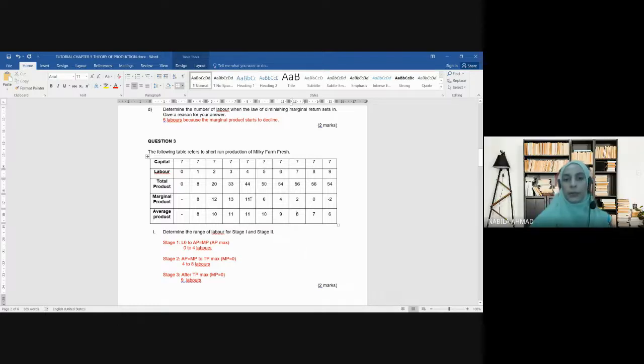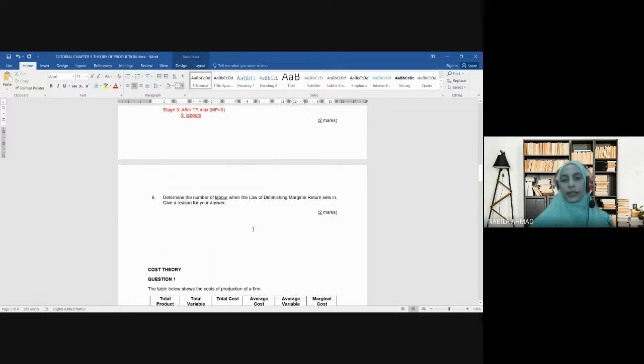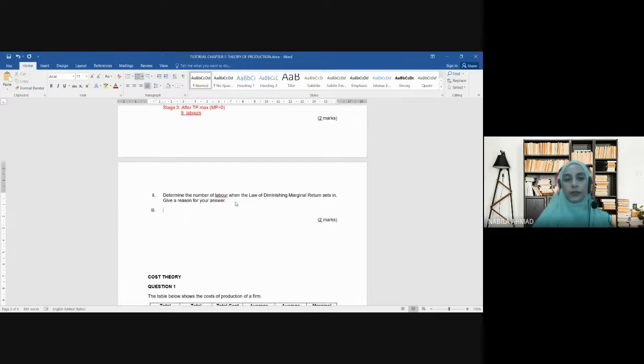Okay, 4 labor. Sebab apa? Marginal product decline. So 4 labors because marginal product starts to decline. Okay, faham?